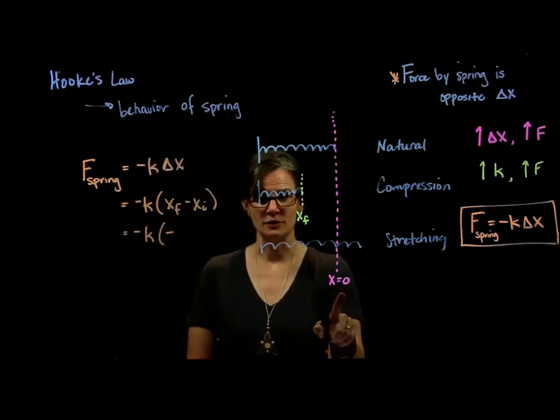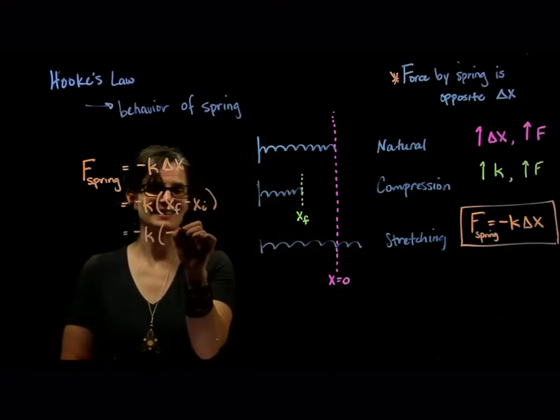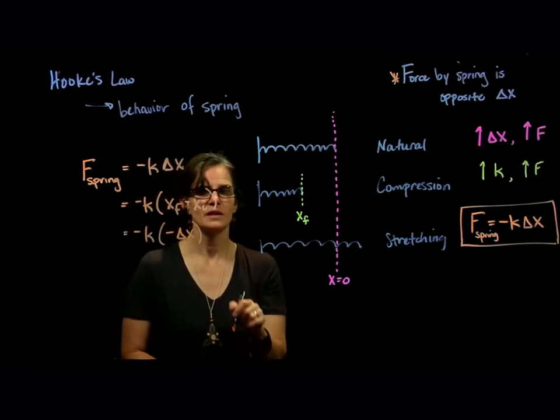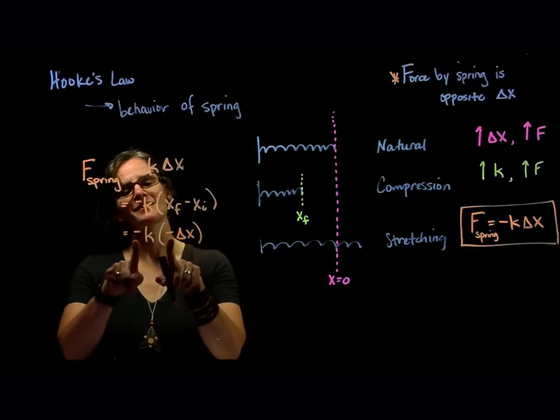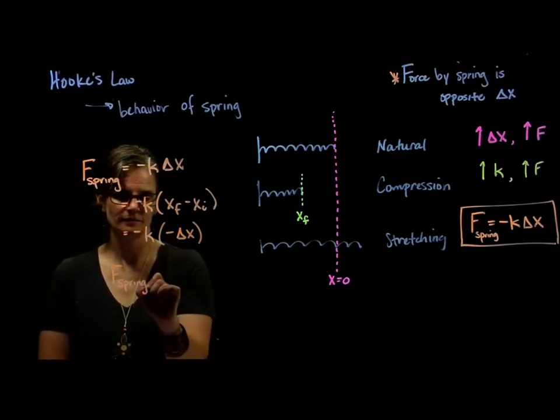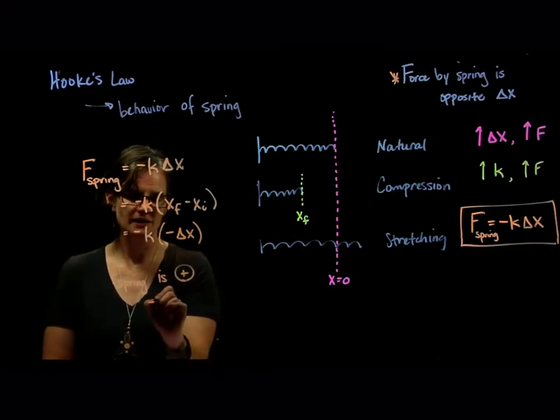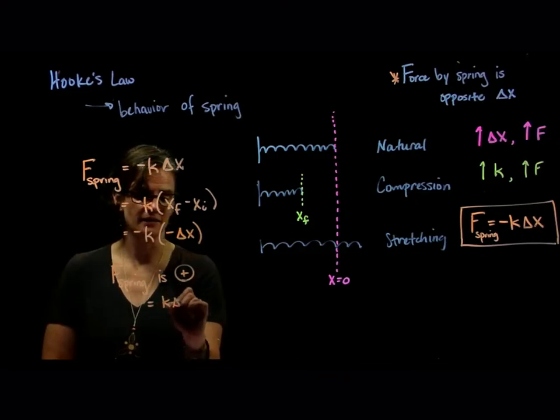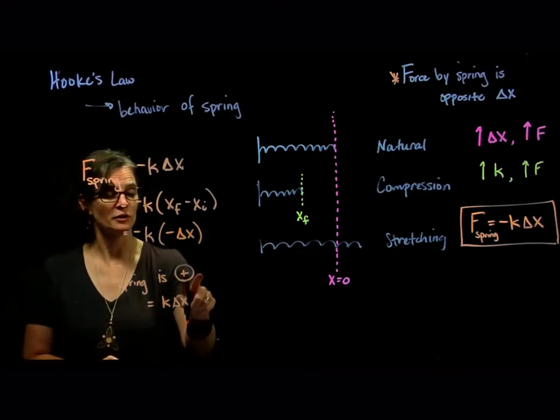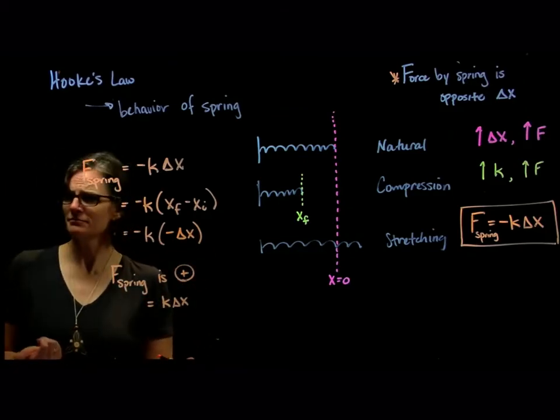X initial is 0, so negative minus 0 gives me a negative delta X. Two negatives give me a force of the spring that is positive, equal to the value K delta X. So Hooke's law gives us not only the direction, this value is positive, but also the magnitude, as forces need to have both.